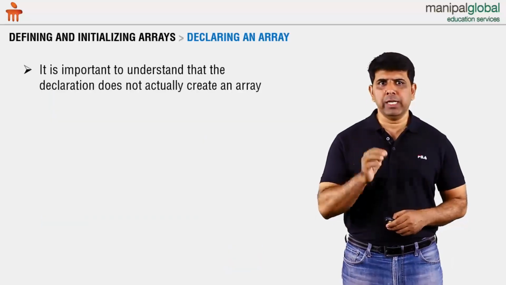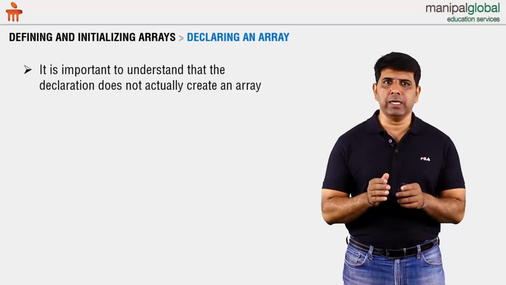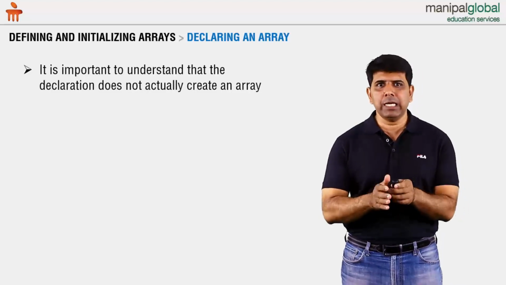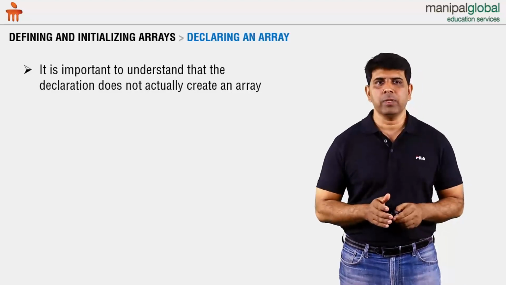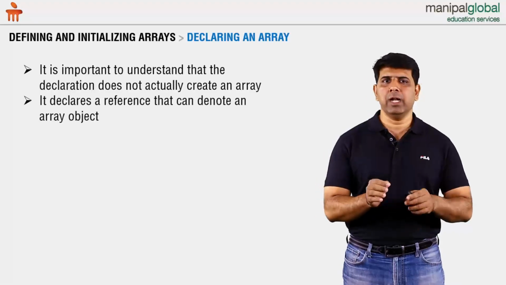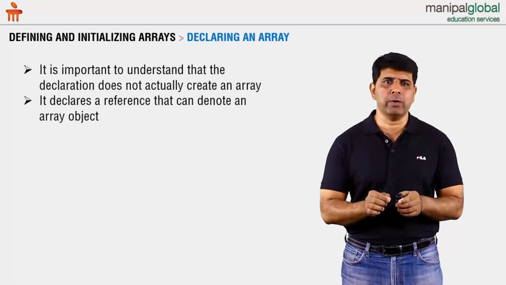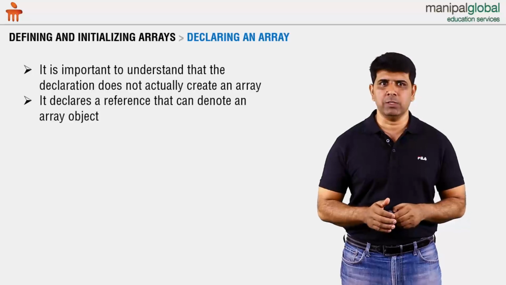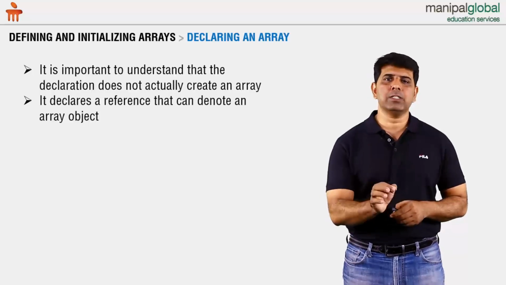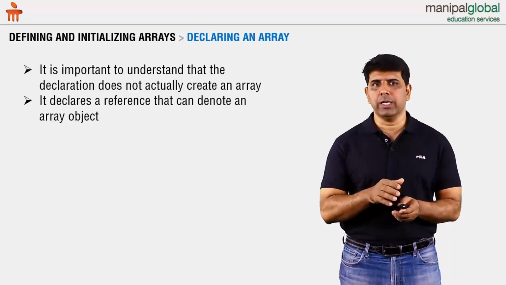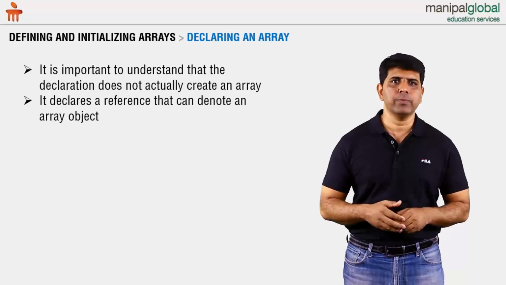Now, it is important to understand that the declaration of the array itself does not create an array, because we simply have a pair of square brackets. We didn't mention the size either. So, it declares a reference that can refer to an array object in the future.